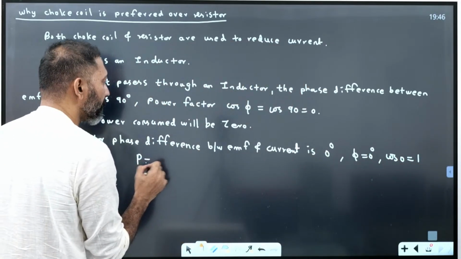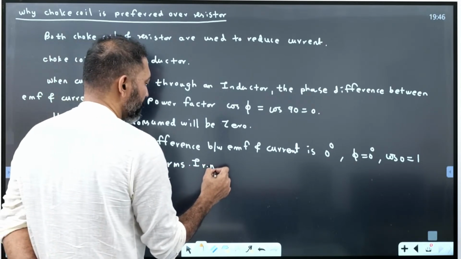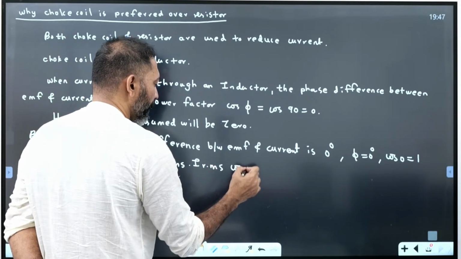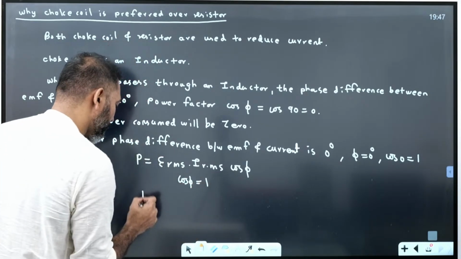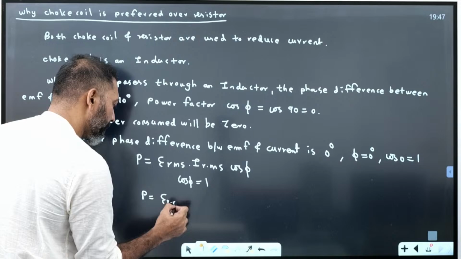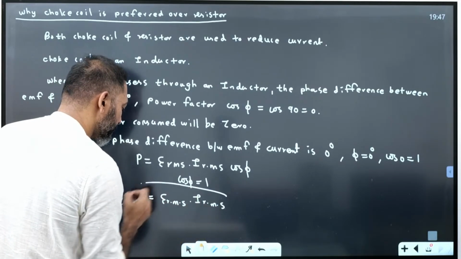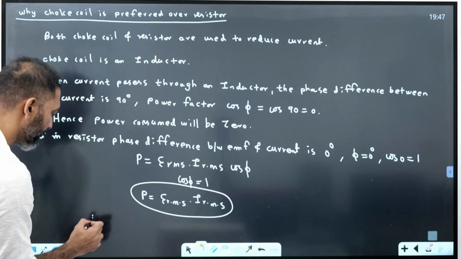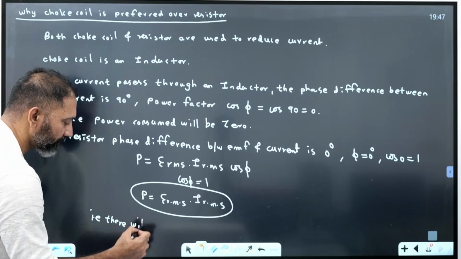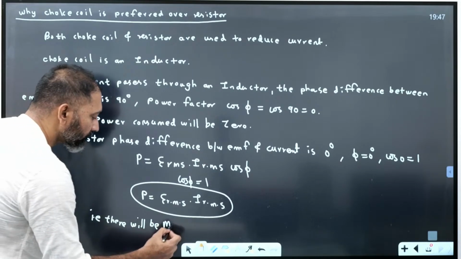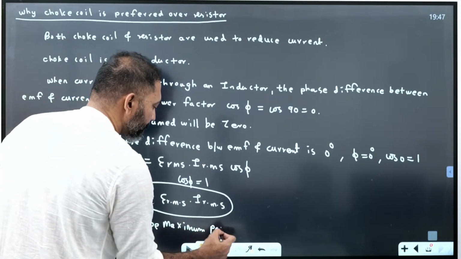So power equal to ERMS, IRMS, cos phi. Here cos phi is equal to 1. So power equal to ERMS, IRMS, that is, there will be maximum power loss.